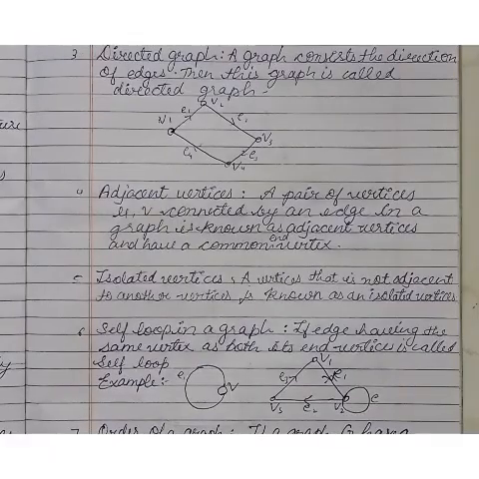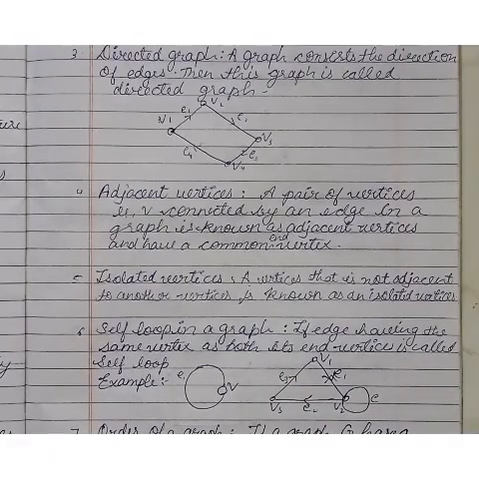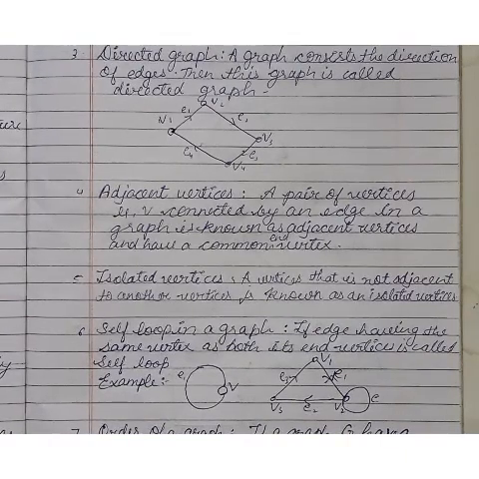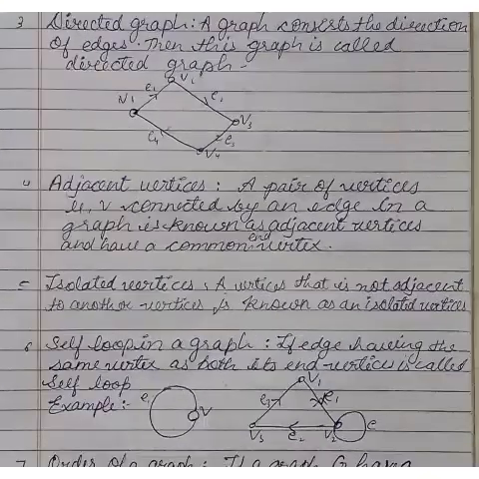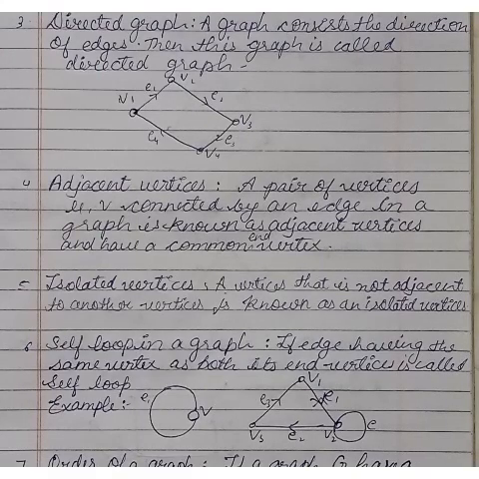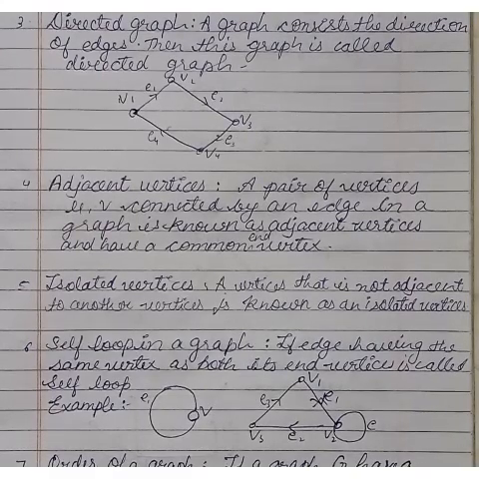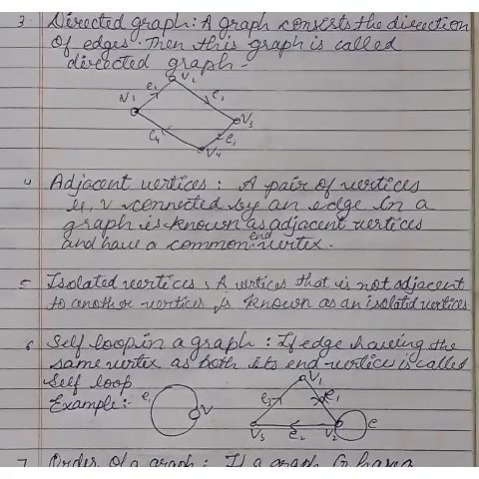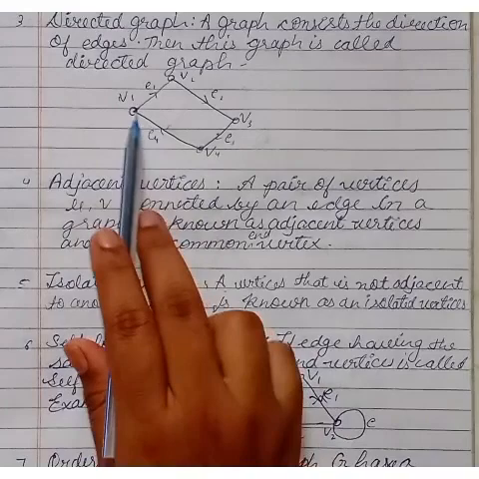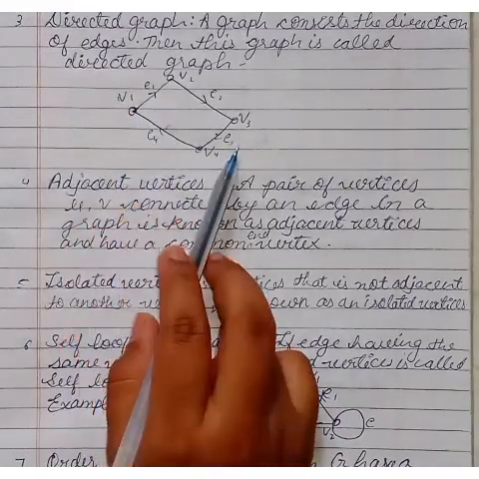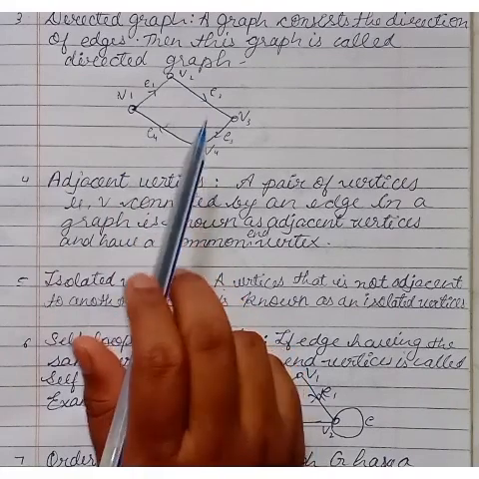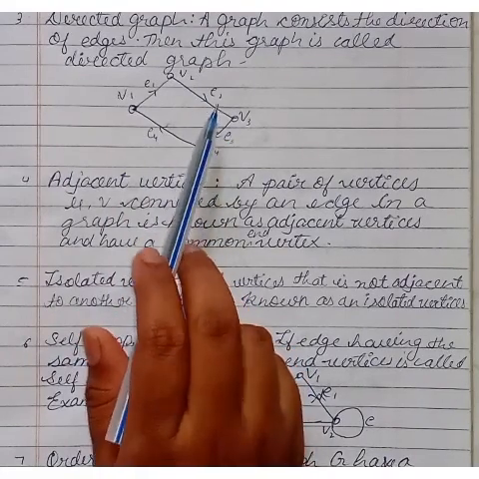Now let's see the directed graph. A graph in which the edges have direction is called a directed graph. Here we can see in the example there is a graph in which V1, V2, V3 and V4 are the vertices and E1, E2, E4 are the edges of the graph.